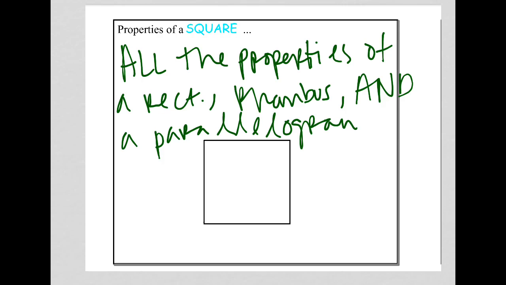Okay. All the properties that those three shapes, figures have, a square has as well. Okay.